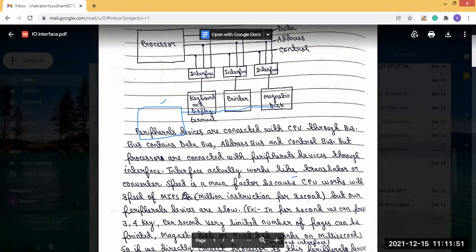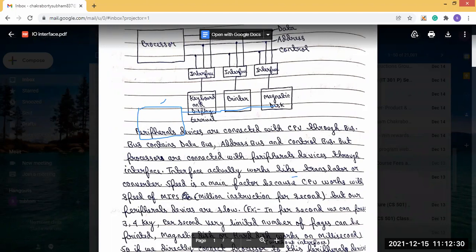Speed is basically the main factor, because our processor works at the speed of MIPS, that means million instructions per second. But our peripheral devices or input devices are very slow.